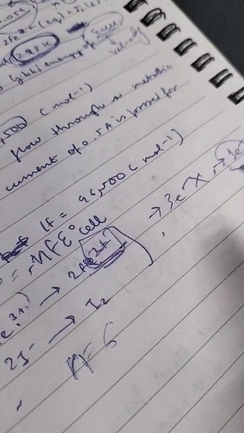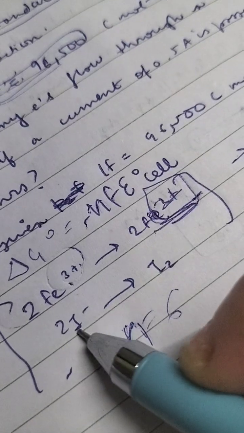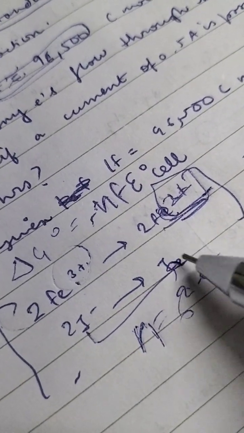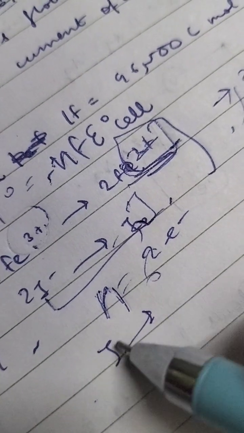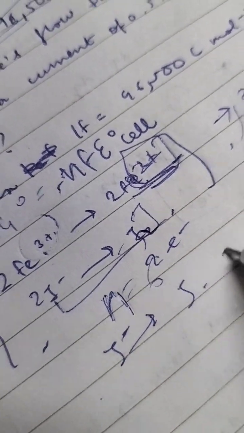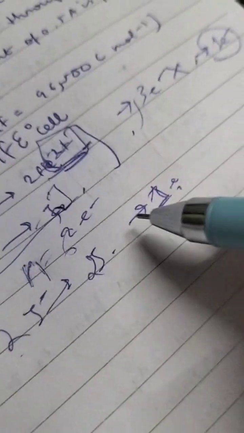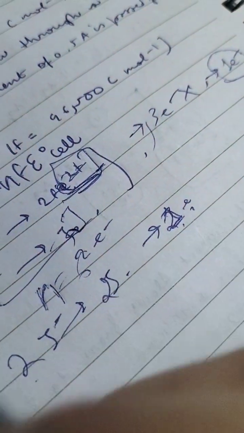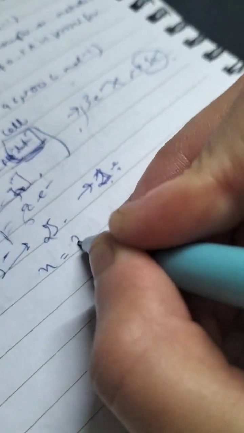Only one electron was added to this whole reaction. When it comes to this, as you can see, it's 2 electrons, because if it was I negative to I, then it would be 1 electron. But here we're talking about 2, so it's going to be 2 electrons. So the value of n is equal to 2.